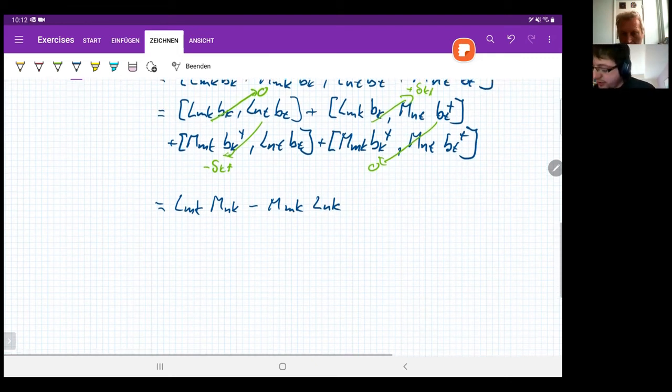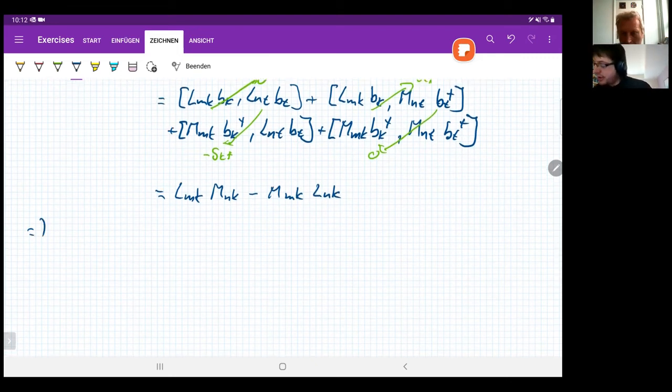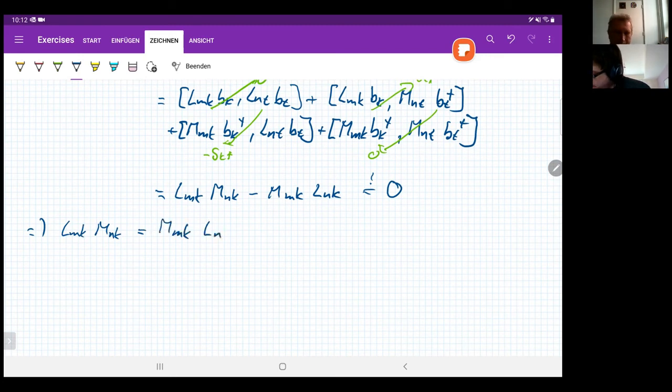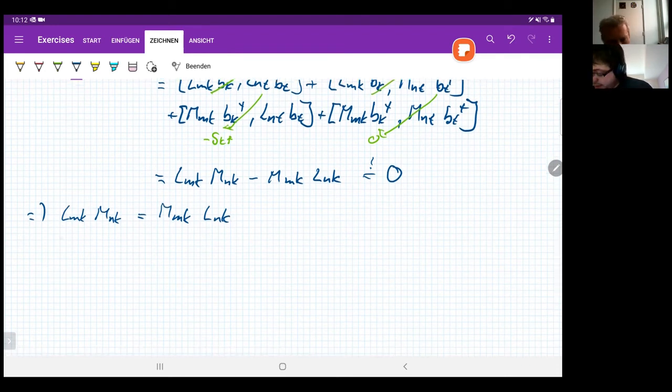Now, this equation here, we can rewrite because this needs to be 0. We have now L_MK M_NK equal to M_MK L_NK. Now rewrite always the second one. And transpose it.